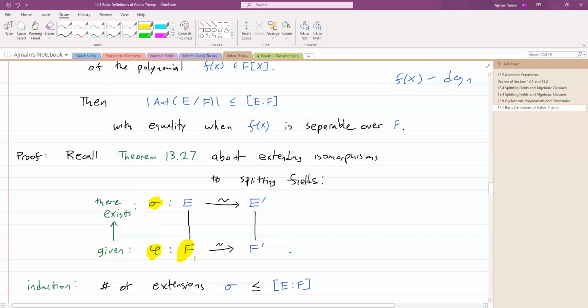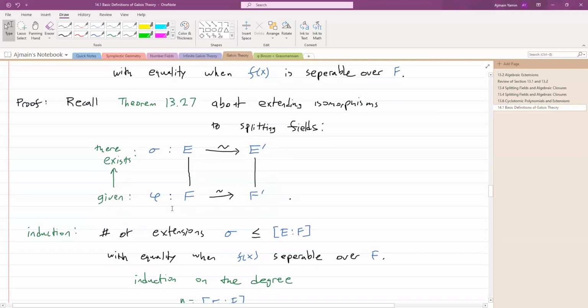You want sigma to fix F. We're concerned with automorphisms of E which fix F. So how many extensions of the identity do you have? How many automorphisms of E do you have that fix F?